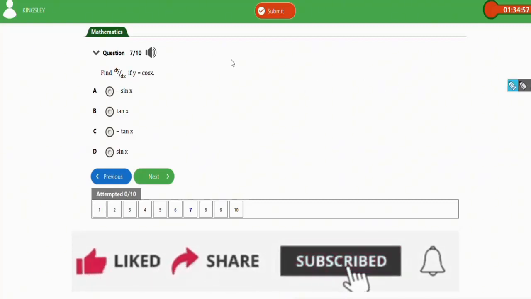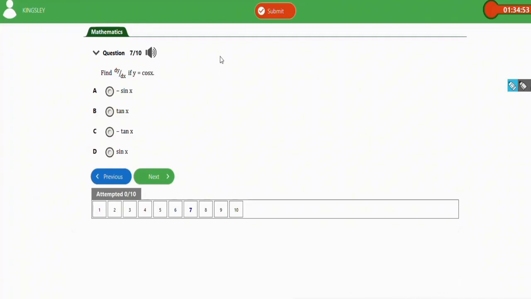So this question is very straightforward. All you need for this question is to know the derivative of trigonometric identities. So one of your assignments is to go and get used to them. Basically, when you differentiate cos x you are going to have minus sine x, and that will be the answer.